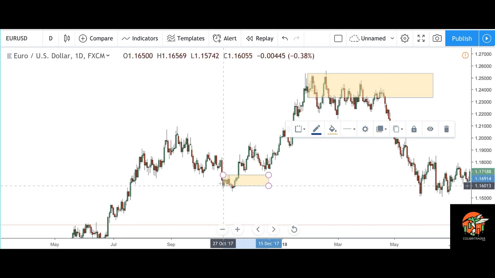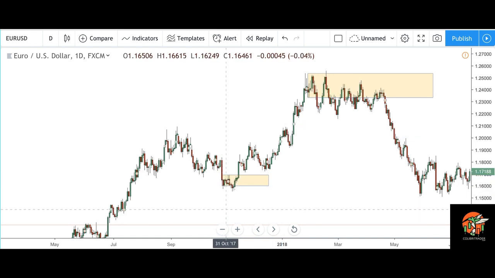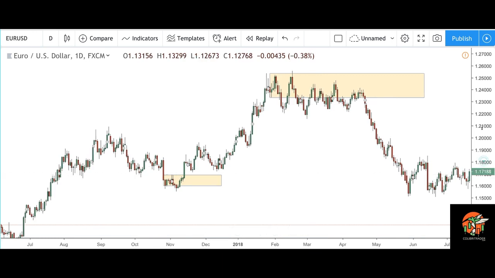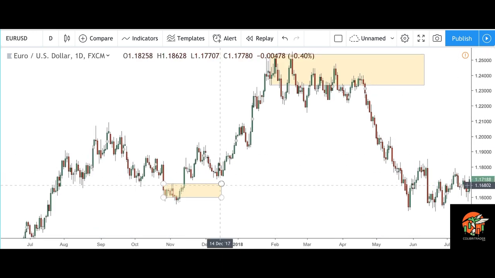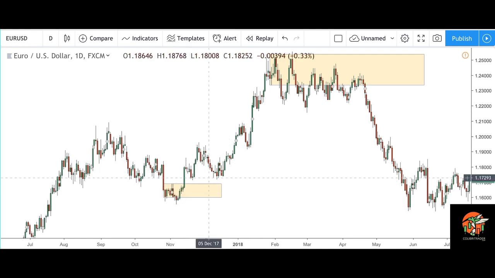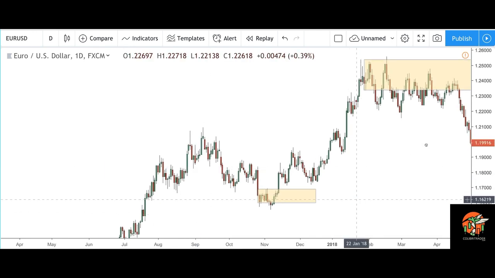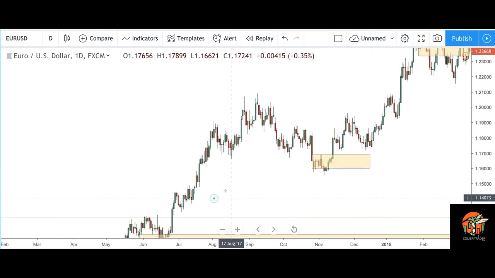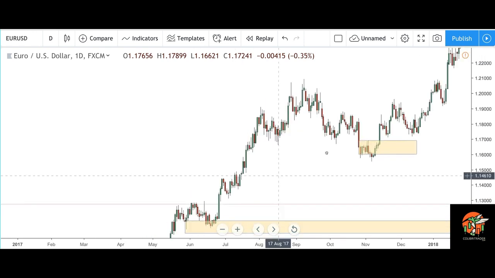You can see that price dropped just below the lower boundary of this demand area, and then it formed an inside bar, and after that the price almost skyrocketed in the short term. Then it went down to the upper range of this trading range, hesitated for a bit and continued the uptrend. That's one occasion that gives you a good opportunity to trade.